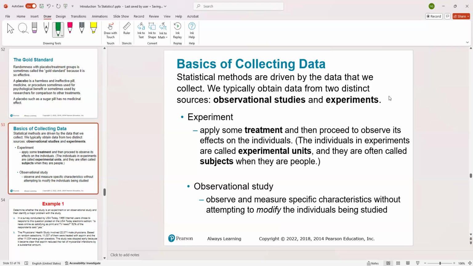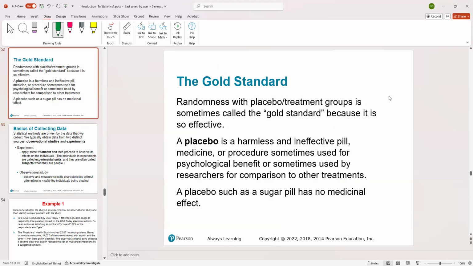That's what we defined in the previous slides. We said the placebo is a harmless and ineffective pill, medicine or procedure sometimes used for physical or psychological benefit, or sometimes used by researchers for comparison to other treatments. A placebo such as a sugar pill has no medical effects.